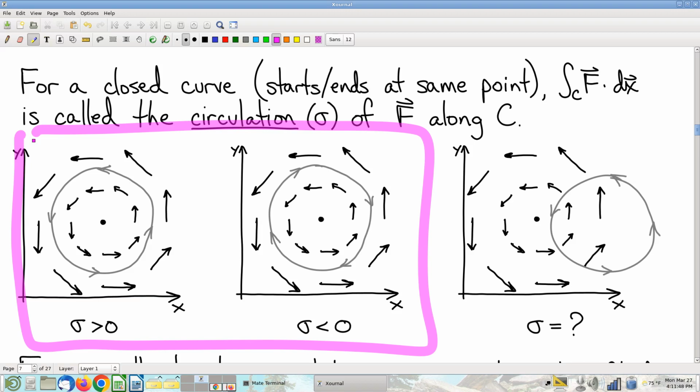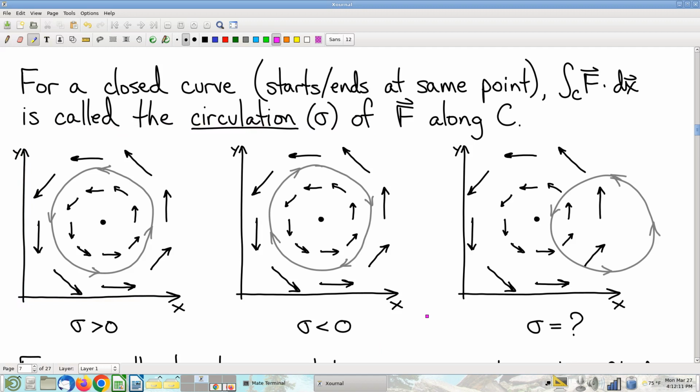Furthermore, the paths along which I'm computing the circulations are perfect circles, centered at the center of the flow. So that's very idealized, it's very manufactured, and that's why we can look at it at a glance and make sense out of what's going on in those cases. Sometimes it's just not easy.